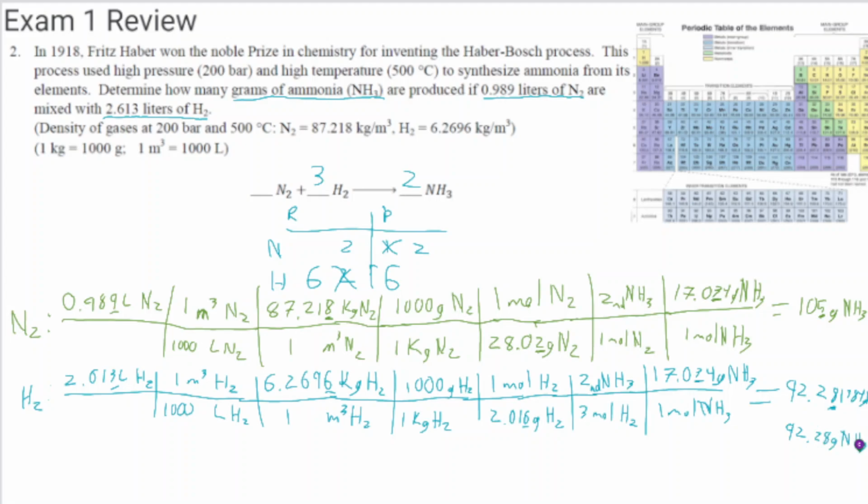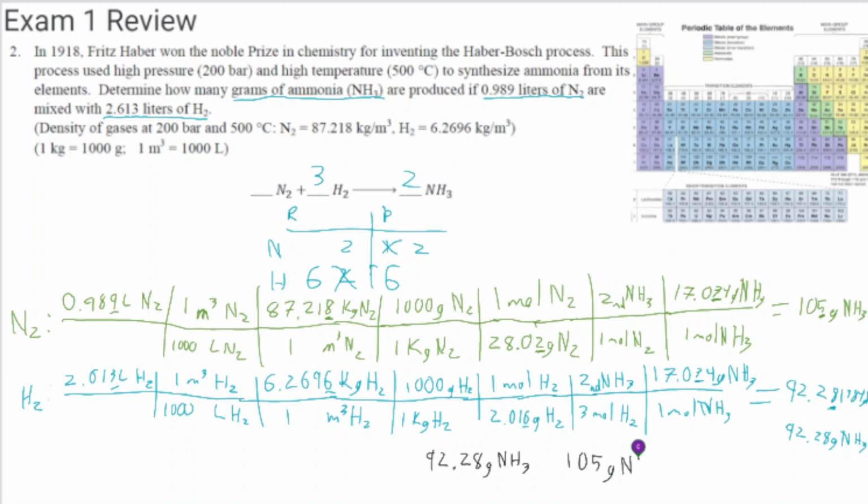Now what we need to do is we need to compare these two numbers. So I'm going to rewrite that again. We'll do this in black. So we have 92.28 grams of NH3. And we're going to compare that with our 105 grams of NH3.